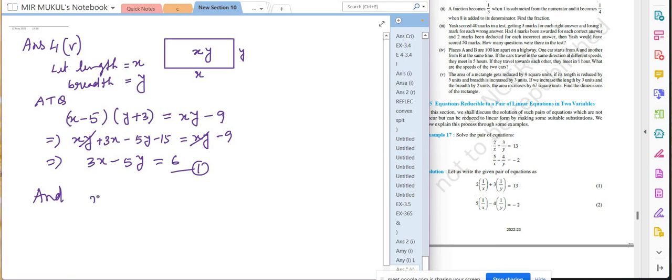So length becomes x plus 3 and breadth becomes y plus 2.